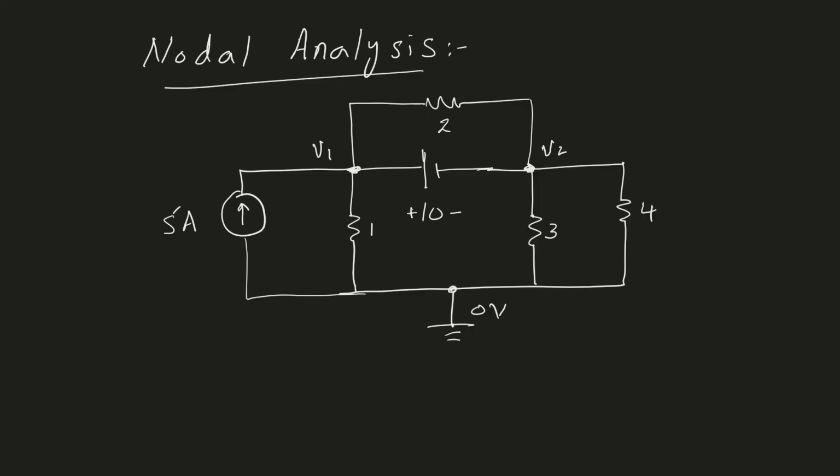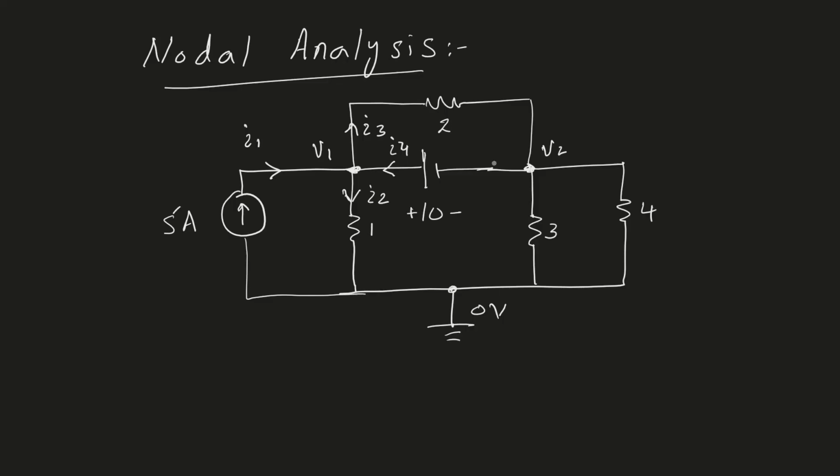The first step is to choose the currents that are flowing into each node. So let's say I'm going to assume the following directions. This is current I1 flowing into node V1, current I2, I3, and I4. So there are four different paths through which the current can either flow into or out of node 1, and I have just given them some names, and I have chosen some directions for the currents.